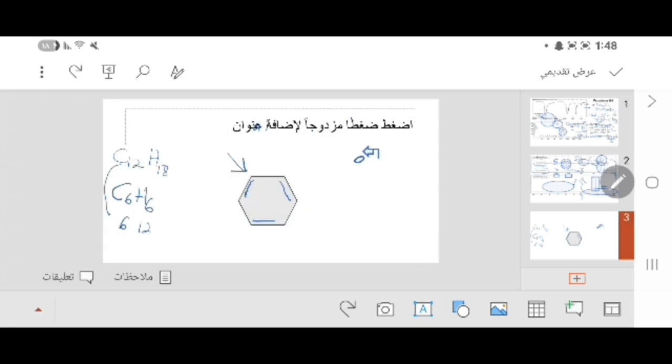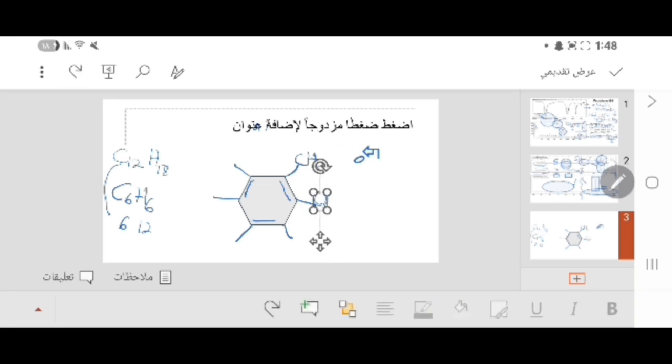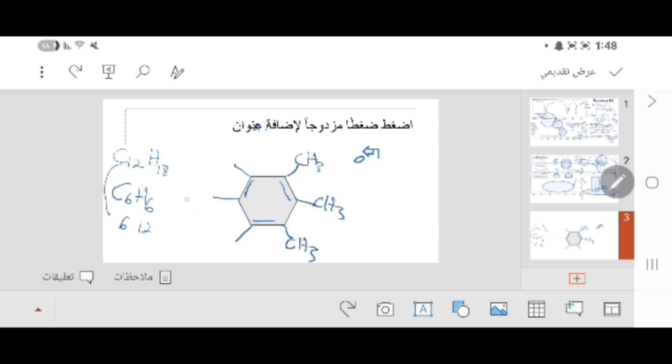So we're going to draw a CH3 on each carbon in the benzene that has a CH3. CH3, CH3, CH3, CH3, and here CH3.